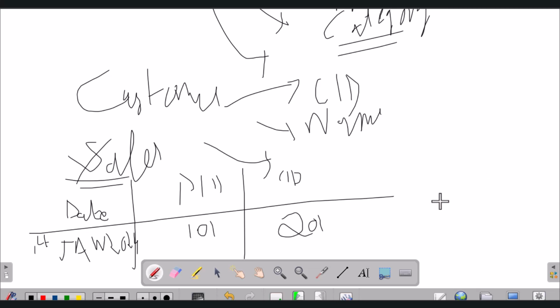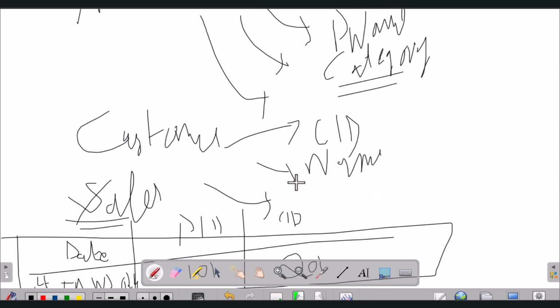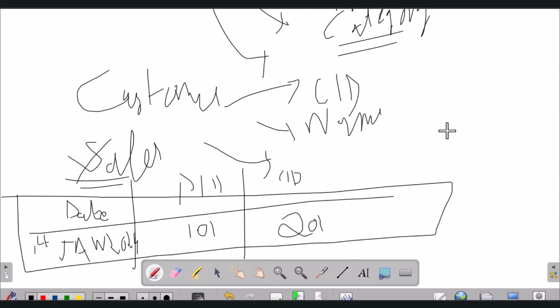If I come to the conclusion, folks, this is the sales data. This is the dimension table for product. For the product we'll have a product ID, product name, and category.